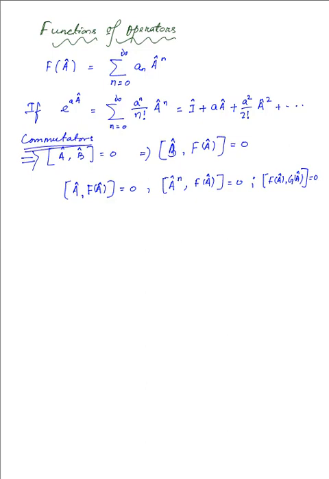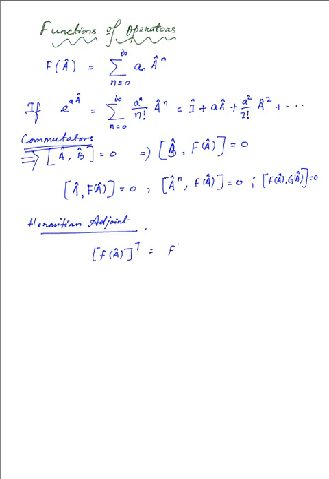So these are the cases of function operators, and especially the commutators involving function operators. Now if we consider the Hermitian adjoint, what we get for the function operators is that if f of A is the function of the operator A, then we consider the adjoint of it.